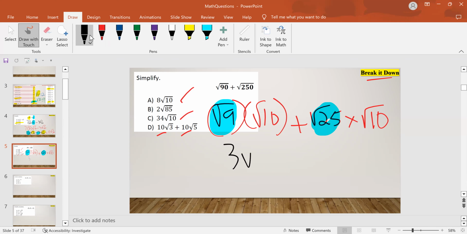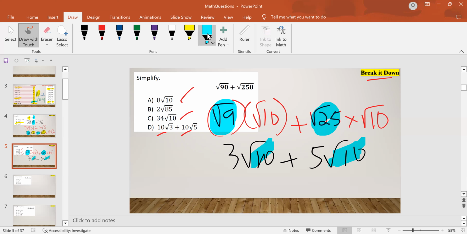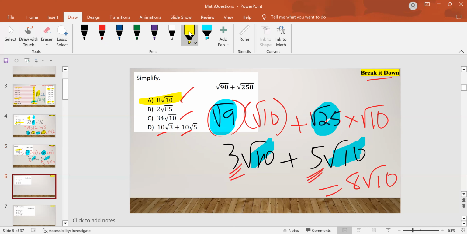So you have 3 square root of 10 plus 5 square root of 10. Here again, we have like terms, square root of 10. What we need to do is add 3 to 5, which is 8 square root of 10. Therefore, the best choice here is E. Okay, continue.